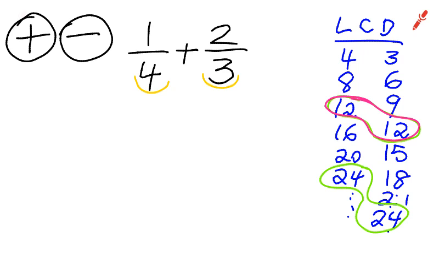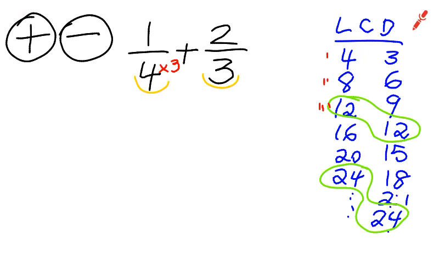So what do we do at this stage? Well, we have to rescale each of the fractions. We'll start with the 4. How are we going to turn this 4 into a 12? We have to increase it, so we'll multiply it. Some people even count 1, 2, 3, because 4 3s are 12, so multiply by 3.